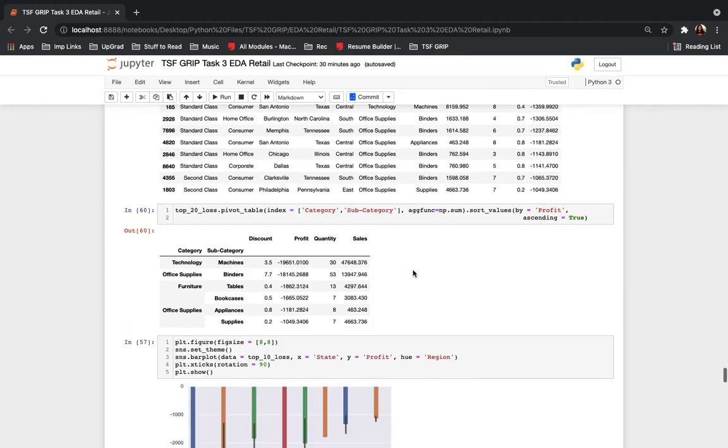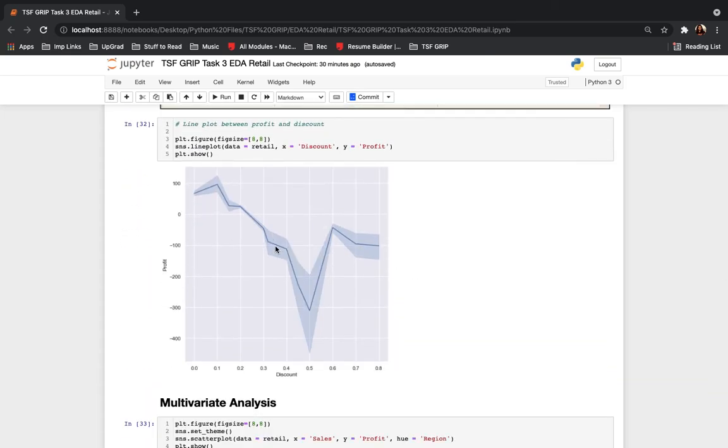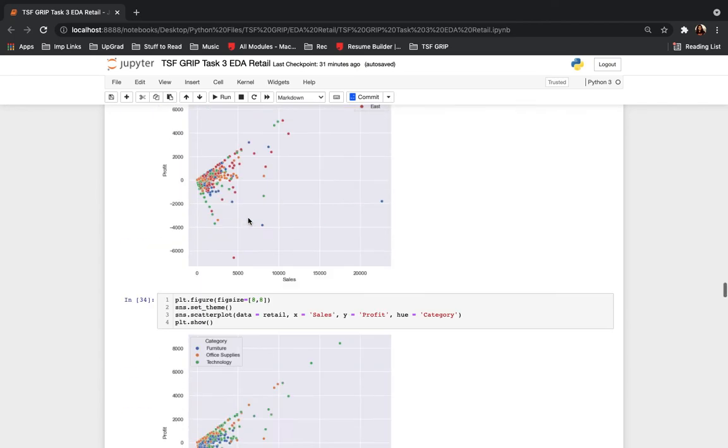So this chart also supports the same argument that if any product is highly discounted, it's causing the sale to turn into a loss, or it's causing our sale to not incur as much profit as it would have if the discounts were kept below 25 or 30%.